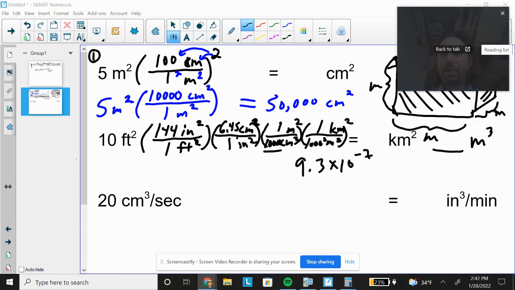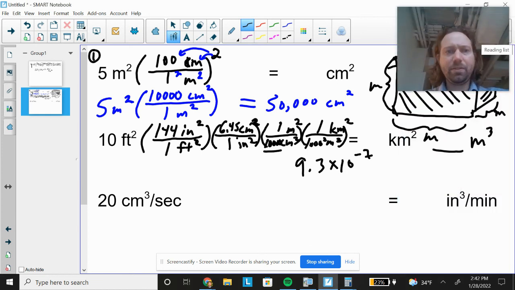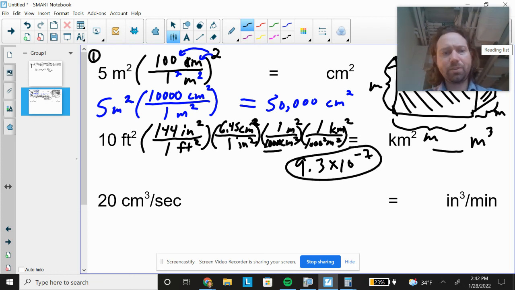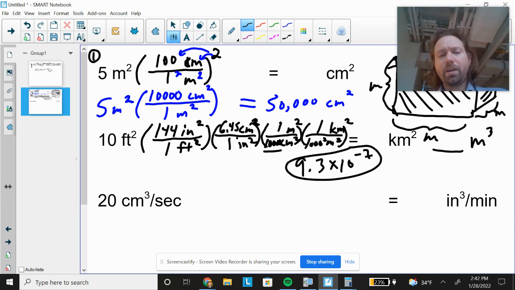All right, last but not least, we have a final problem where we have 20 centimeters cubed per second and we're trying to go to inches cubed per minute. So with this one, it's cubed, it's not squared, but the same principles apply.